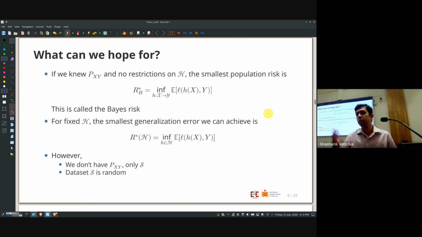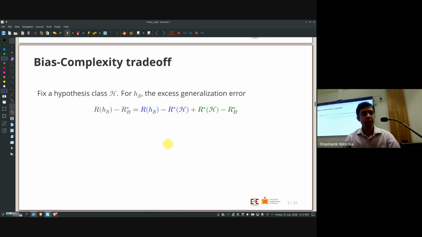And if you didn't know how to choose H and you chose one arbitrarily, then the minimum generalization error that you can achieve is this R star of H. So given a particular hypothesis class, let's say you picked 2-layer neural networks with these many hidden neurons, then this excess generalization error, that is the generalization error between any predictor output by the learning algorithm and the base optimal predictor, can be written in this form. Essentially, I've just added and subtracted R star of H.